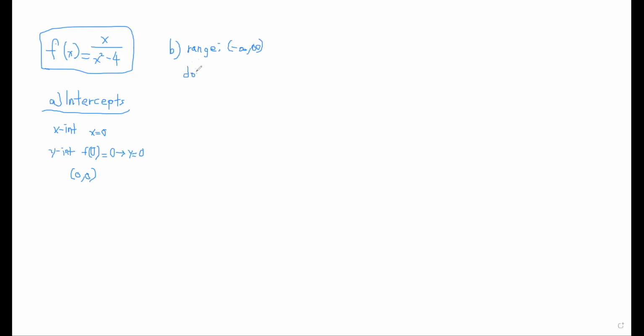It's anywhere where the denominator is not 0. X squared minus 4 is not 0, and x obviously cannot be plus or minus 2. So the domain would be like this.